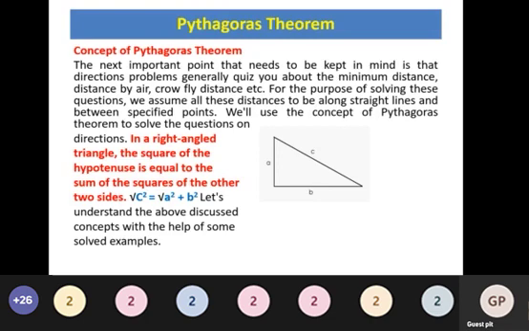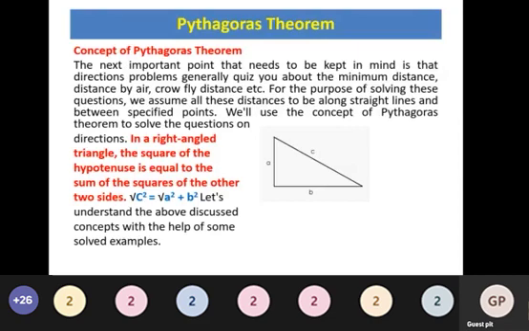Let us understand the above discussed concept with the help of some solved examples. Once again, the Pythagoras theorem is very important. We have learned it in mathematics in the lower classes, but still it is my duty to remind you of it. In a right-angled triangle, the square of the hypotenuse is equal to the sum of the squares of the other two sides.